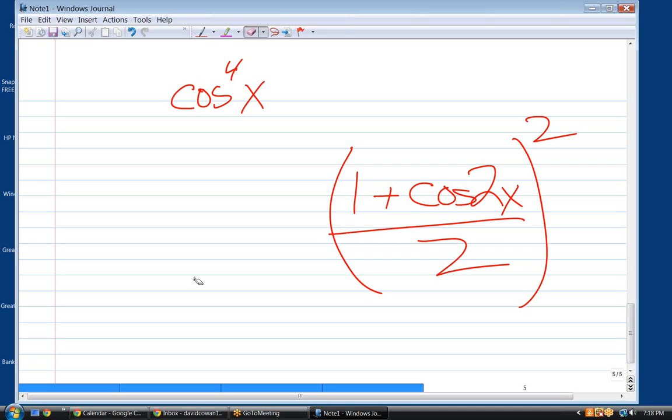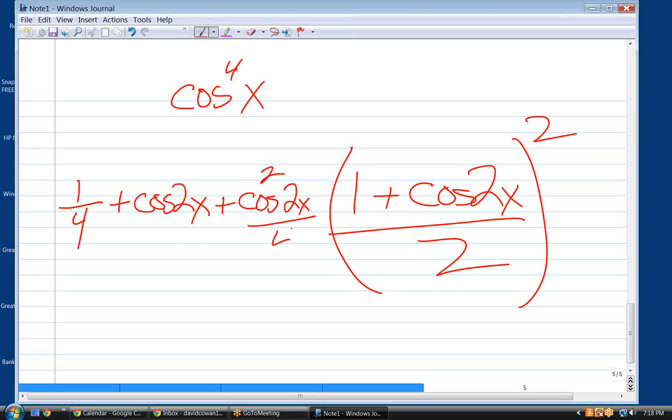Okay. So if we square this, what do we get here? We got 1/2 squared, which is 1/4, plus 2 times 1/2 times cosine of 2x plus cosine squared of 2x over 4.